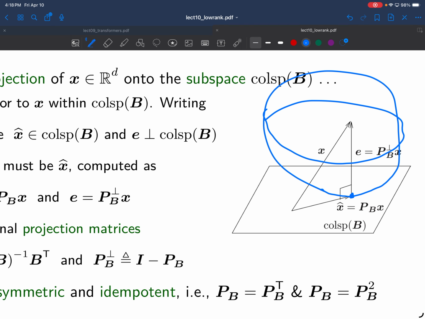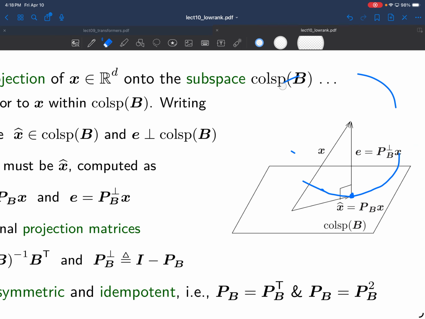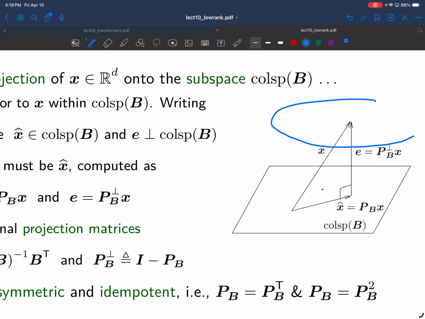Sorry, this is a really terrible drawing. Let me try to do a little better. Okay, so we have the center of the sphere. This is the bottom and the top.